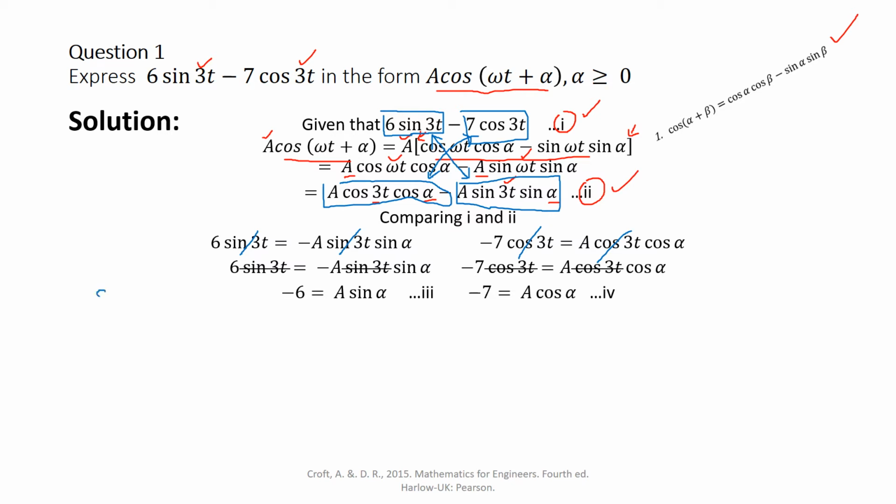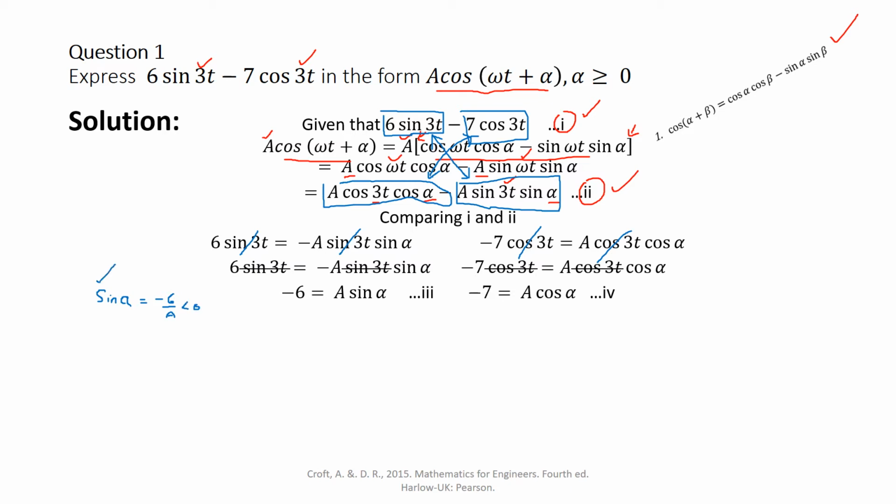So it means sine of alpha equals minus 6 by A. Now amplitude is always positive, and since 6 is minus, this is negative, less than 0.